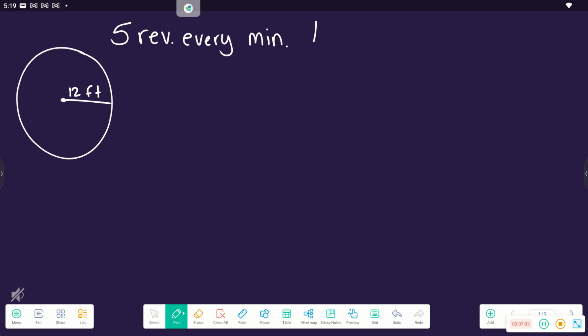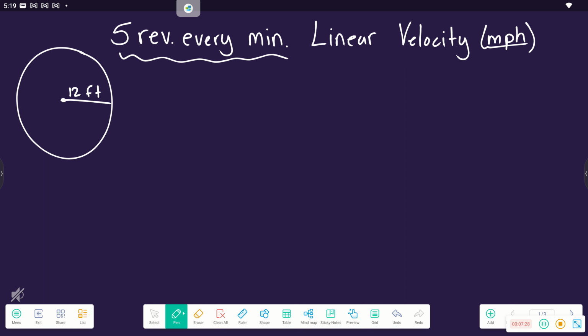I want us to find the linear velocity, specifically in the units miles per hour. So this seems like a lot, but really all we need to do is know that we need to make it to miles per hour from starting at 5 revolutions every minute.